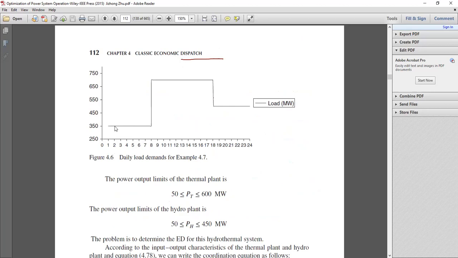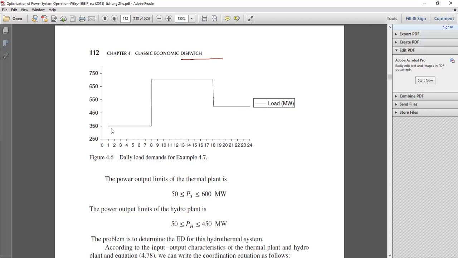So starting from hour number 1 up to hour number 8, your load remains constant at 350 megawatt. At hour number 8 there is a jump, and up to hour number 18 that value goes to probably around 680, and then it goes down to something around 500 for the remaining part of the day, from hour number 18 to hour number 24.